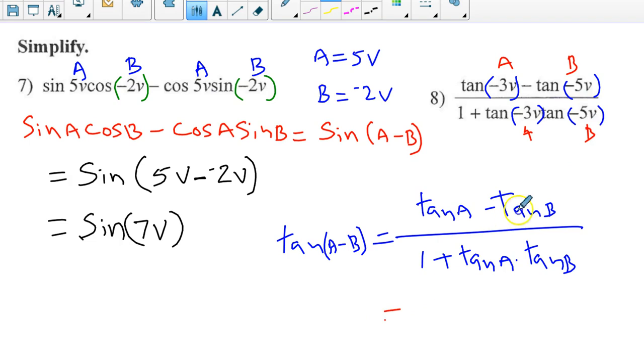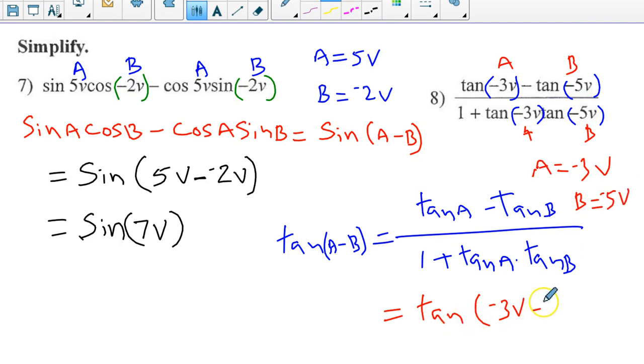So my answer to that is going to be tan A minus B. Your A is negative 3v minus, what is your B here? You know your A is negative 3v. And B is negative 5v. So tan A minus B means tan negative 3v minus negative 5v.